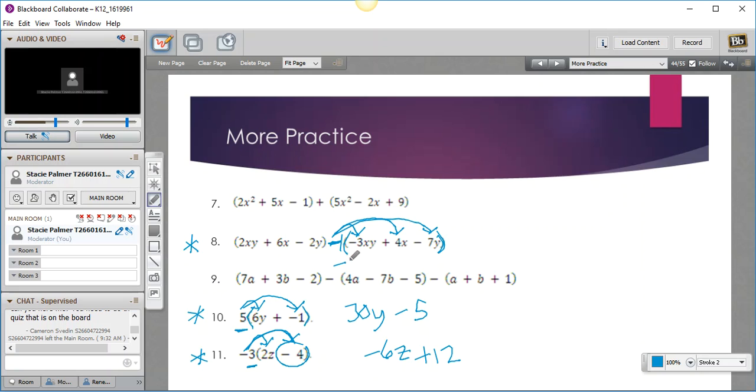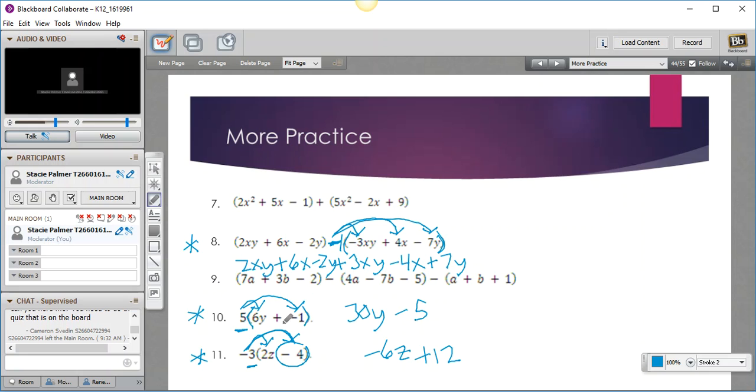Negative 1 times negative 3xy is a positive 3xy. Negative 1 times 4x is a negative 4x. And negative 1 times negative 7y is a positive 7y. So just remember, if you have a minus sign in front of a parenthesis, it's basically going to change all of the signs of the terms inside the parenthesis.